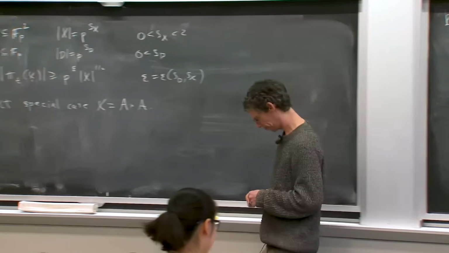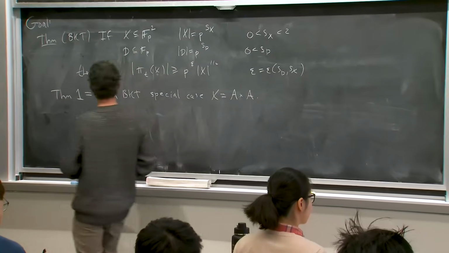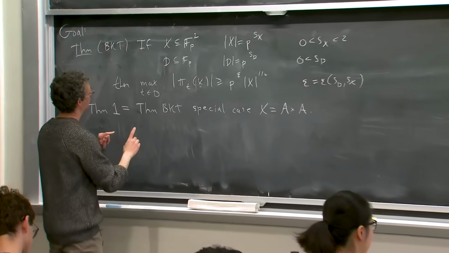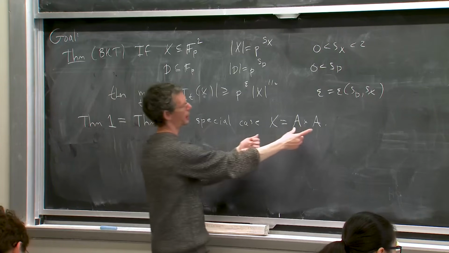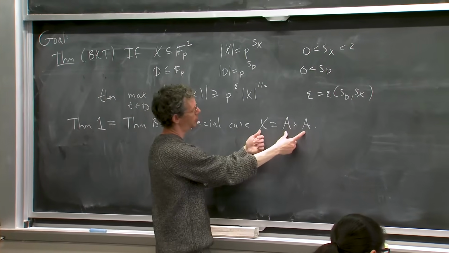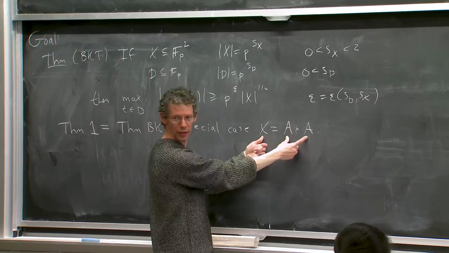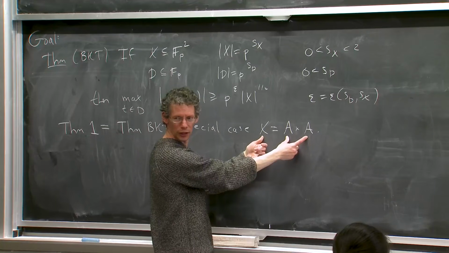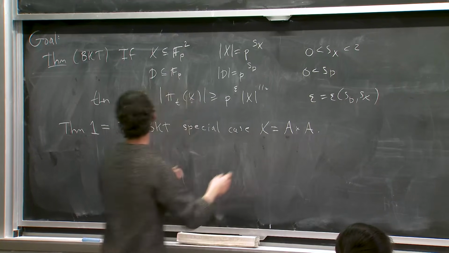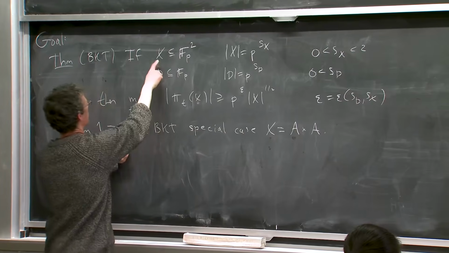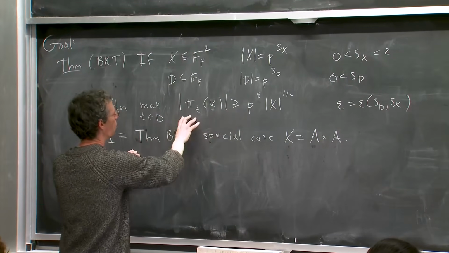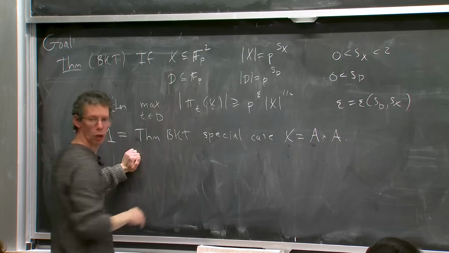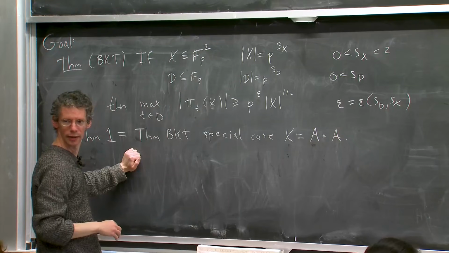Now, on the other hand, at first you see this and you say, well, product sets are an extremely special subclass of all sets, so this is not very good. But I would like to argue that if this thing is small at all, then x is quite close to a product set.